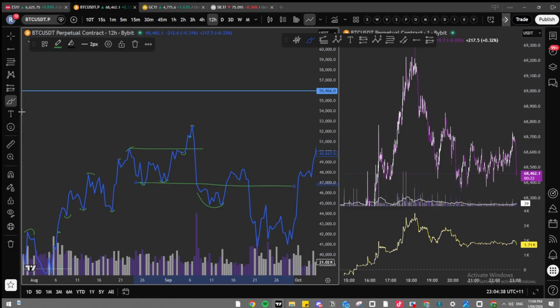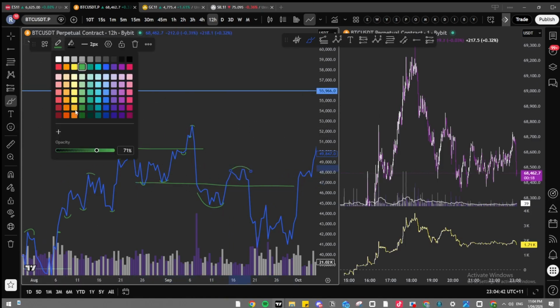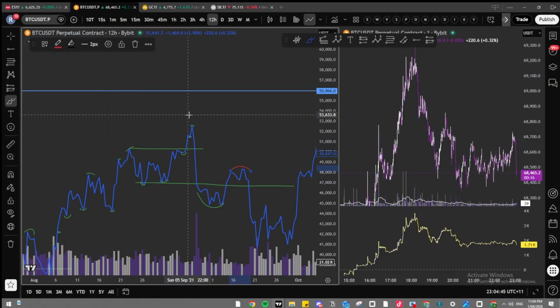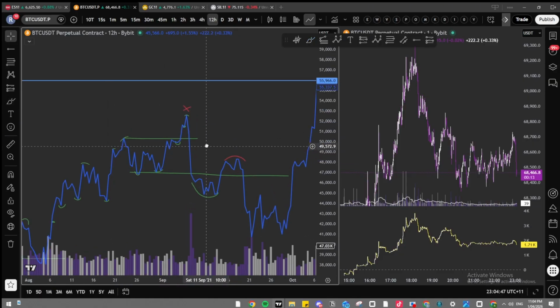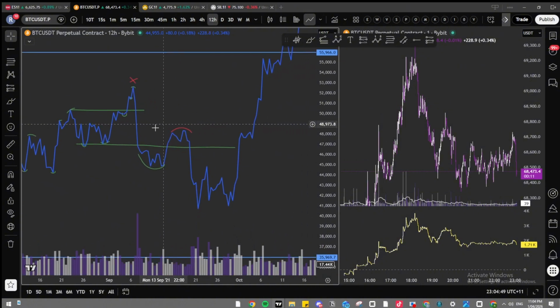We come back up, and then what do we put in? We put in a lower high. The reason why this is a lower high is because it's lower than this high, right? And we break the low again.